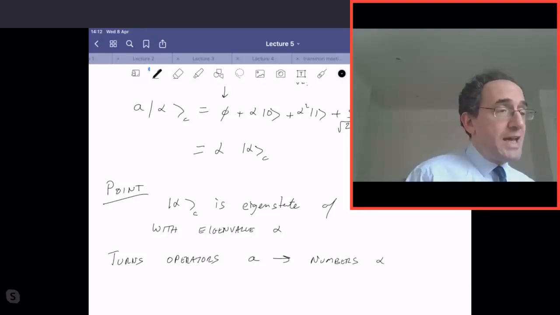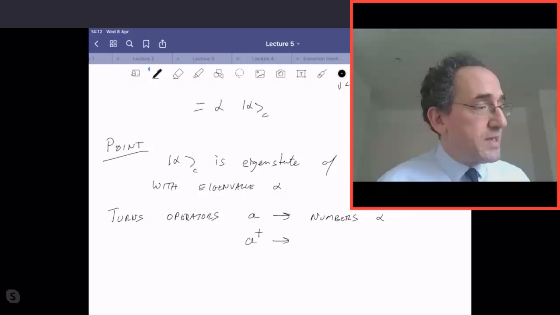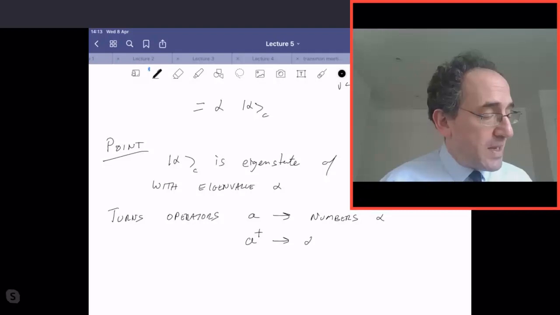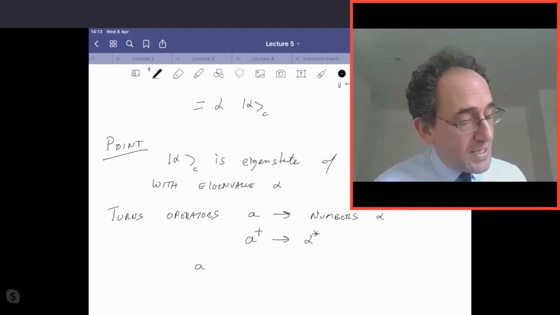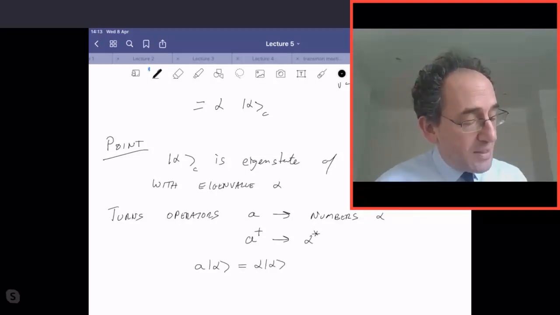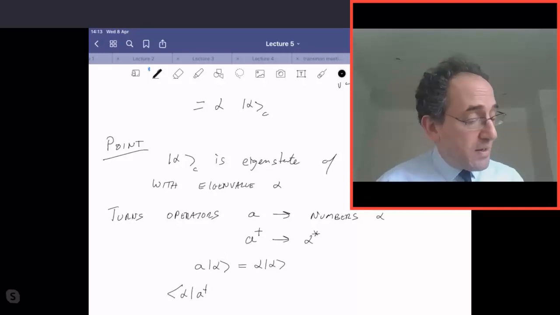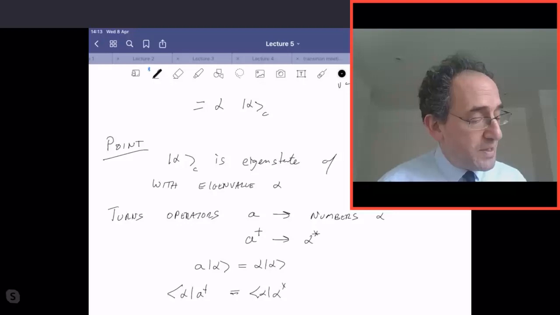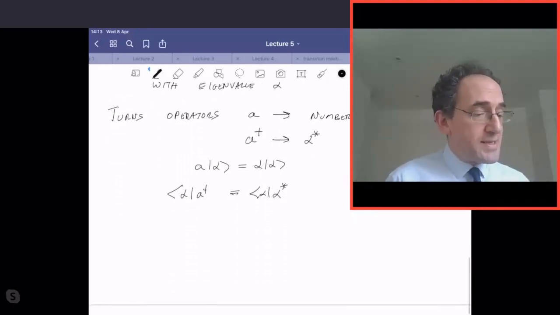And conversely, A dagger will be turned into alpha star. Let's see how that works. The way that works is that A dagger on alpha will be alpha on alpha, and if I have an alpha bra over here with an A dagger on its right, that will get turned into alpha bra times alpha star. Okay, so let's see why this is convenient.